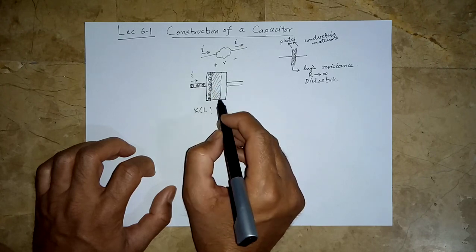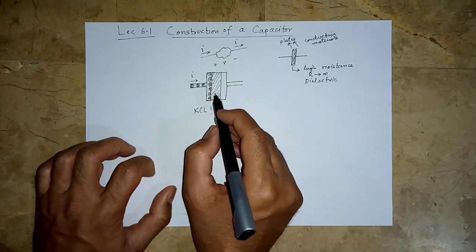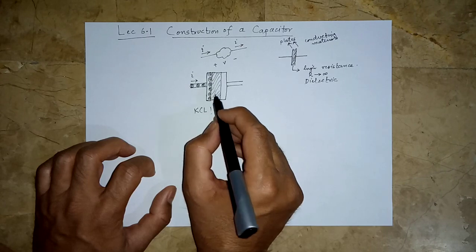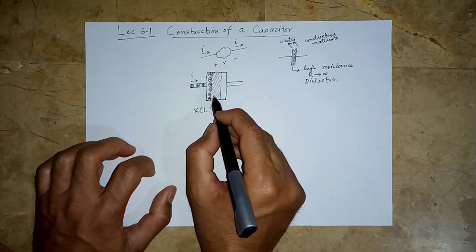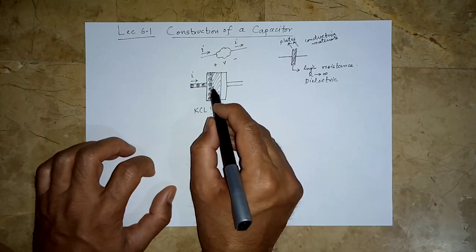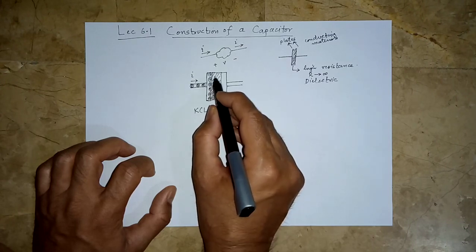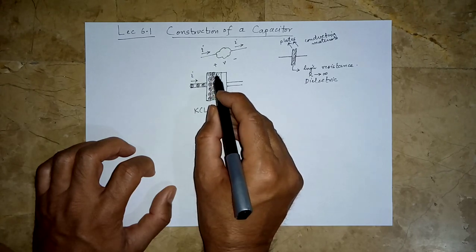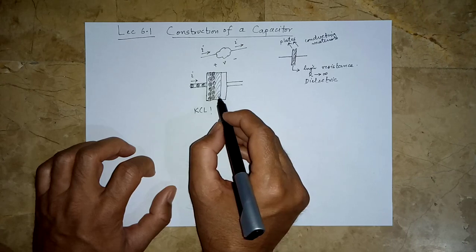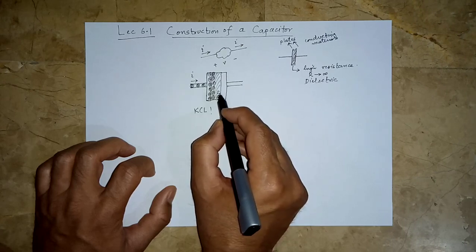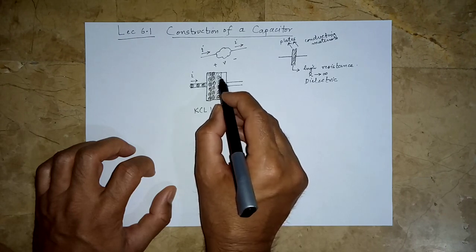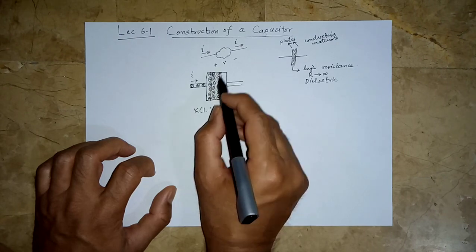So although current does not flow within this dielectric material, because of the accumulation of this positive charge here, this dielectric will displace some charge, and negative charge is going to be collected on this end of the dielectric material because unlike charges attract each other, and the positive charge will be collected on the other end of the plate.